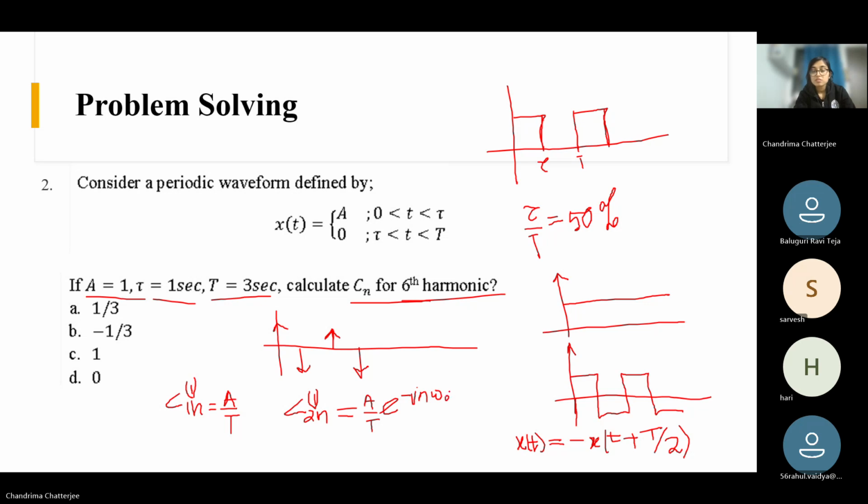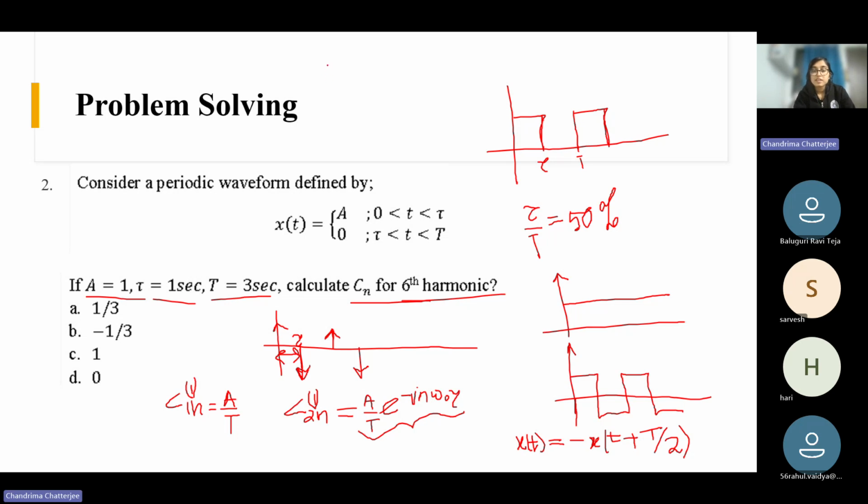Why this extra term? Because these negative impulses are time shifted by tau. This negative one starts at t equal to tau, and then goes on at capital T intervals. So there is this delay of tau. That's why this extra e to the power minus j n omega naught tau comes. If there is any impulse function shifted by any amount tau, the expression will be this.